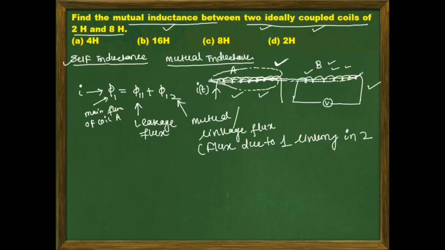Because of this phi 11 time varying, some EMF is induced in coil A itself, which is called self induction. And when the change in flux induces an EMF in B coil, which is measured by this voltmeter, because the mutual flux is time varying, this is called mutual induction.